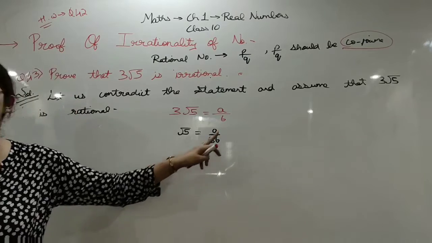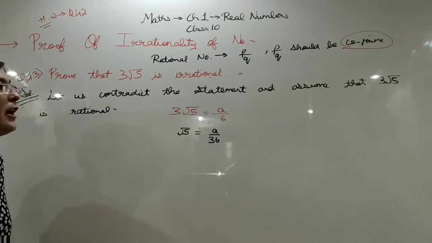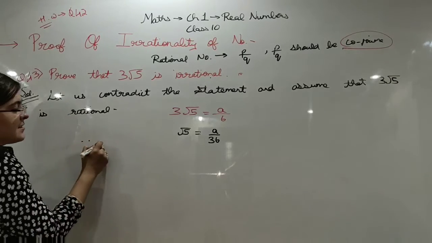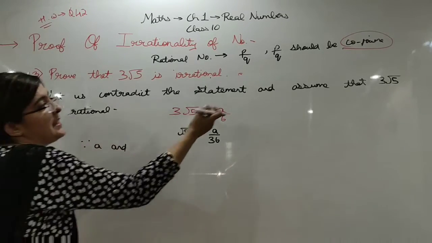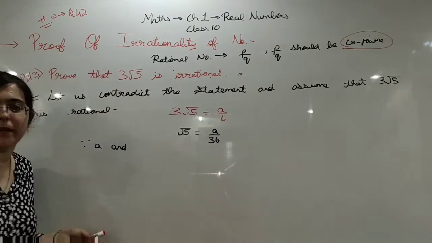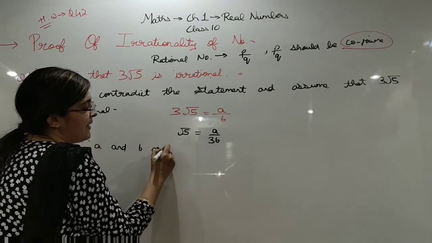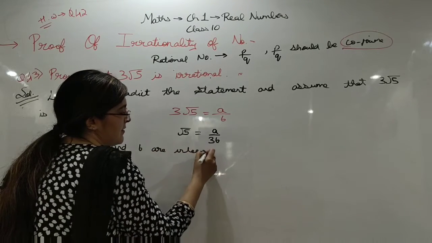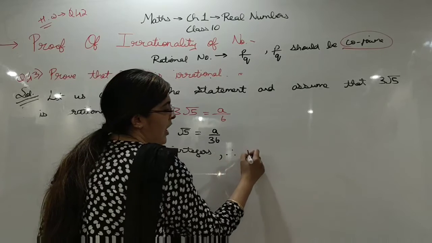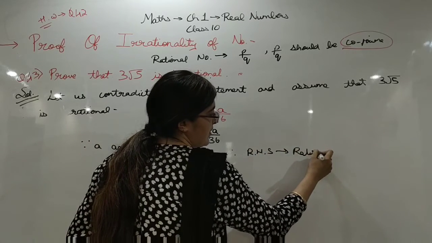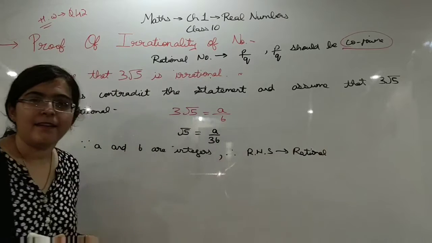So root 5 is equal to a upon 3b. Now since a and b are integers, any two integers, numerator upon denominator, is a rational number. Therefore your RHS will be rational.